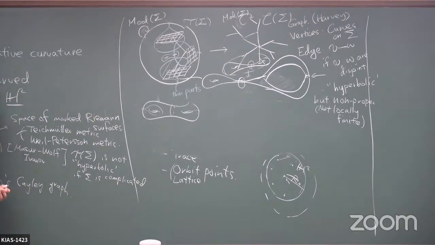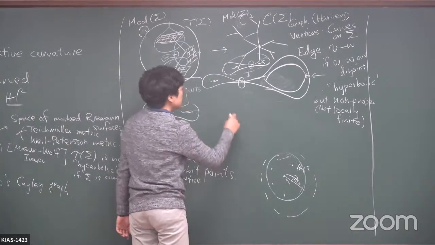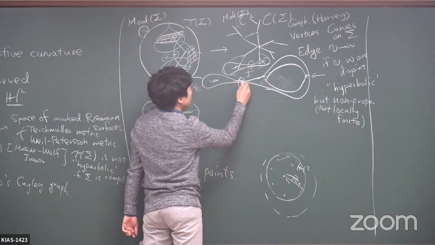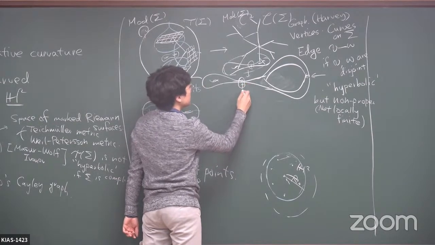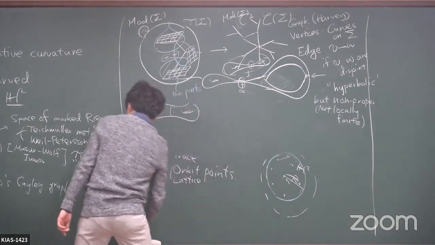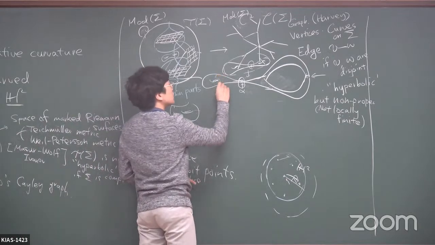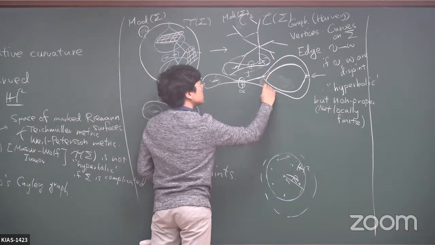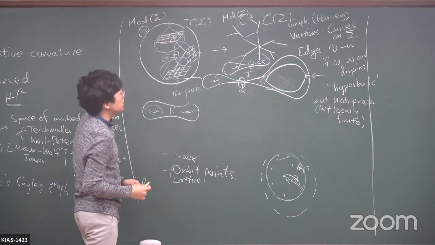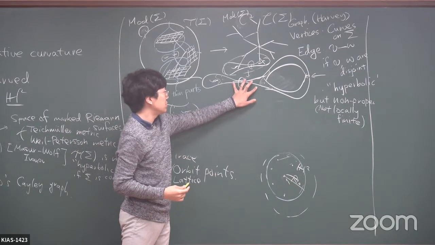When you say thin, is there a definition of thin? Yeah. So this is a Riemann surface, and for each curve alpha, you can imagine a topological cylinder, a pi1-injectively embedded cylinder on this Riemann surface.